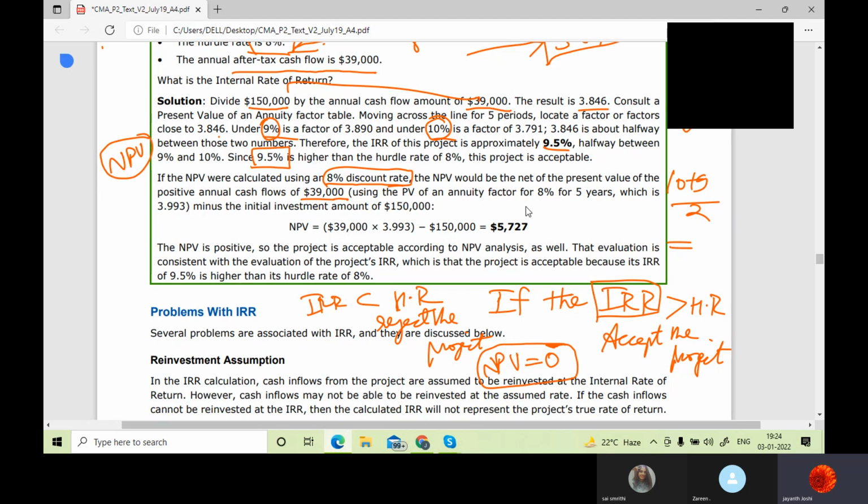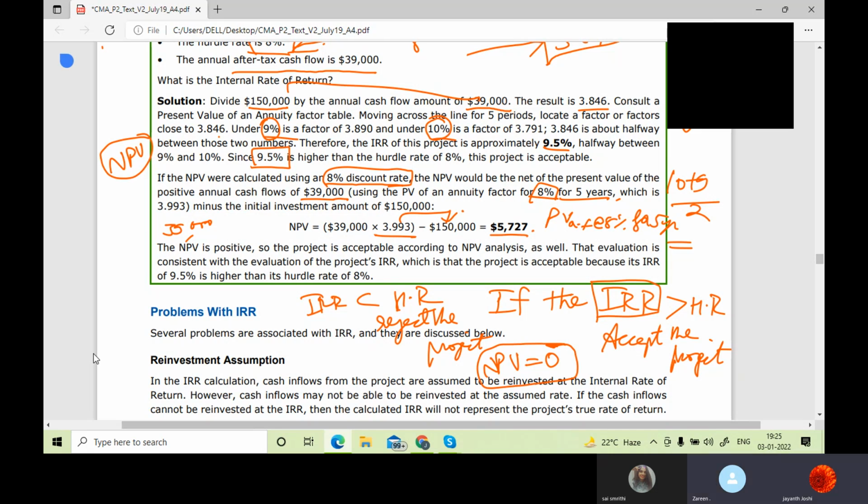We take 8% as our discount factor and find the annuity factor for 5 years, the PVAF at 8% for 5 years, that is 3.993. After deducting 1,50,000, we get 5727. Is it positive NPV or negative NPV?